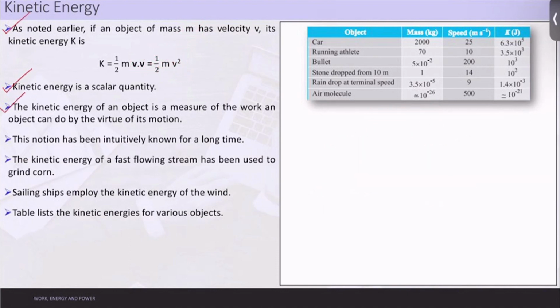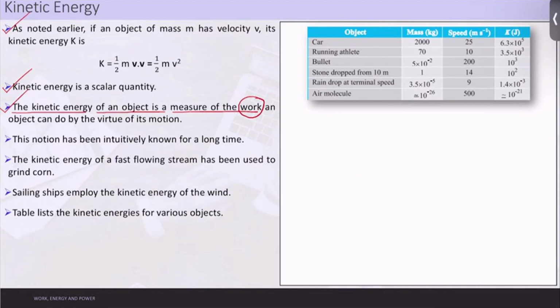Okay. Moving on, the kinetic energy of an object is a measure of the work an object can do by virtue of its motion. Please understand the definition very clearly. So what is basically kinetic energy? Kinetic energy of an object is a measure of the work. It is used to calculate the work, but how?